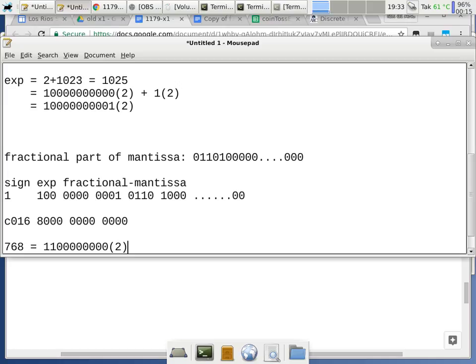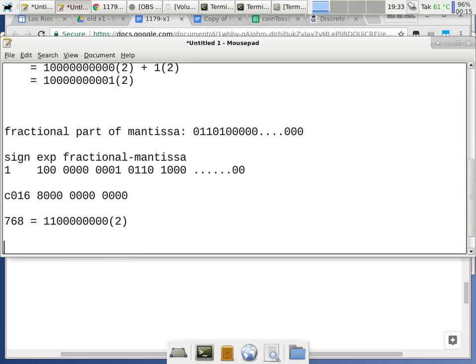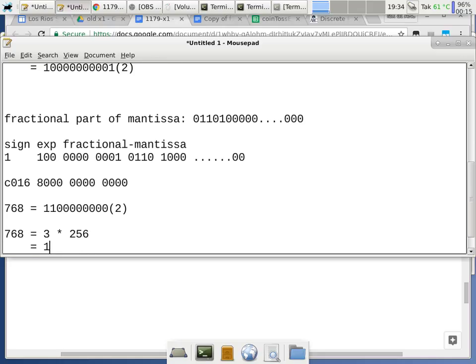You can also do it the opposite way, which is to look at 768 as 3 times 256, and then you say this is the same thing as 1, 1 in base 2 times 2 to the power of 8, and then start with that. So you can work with either one. In the top one, if you start with 1 1 followed by 8 zeros in base 2, then you just have to shift 10 times.